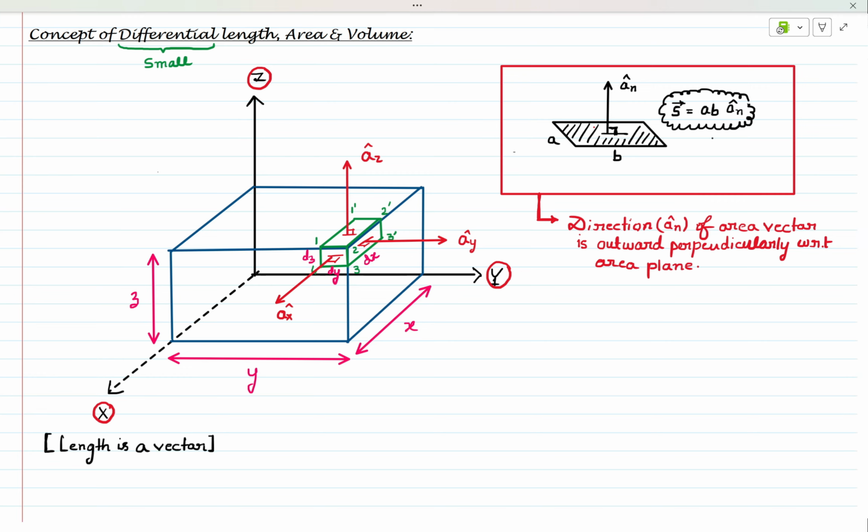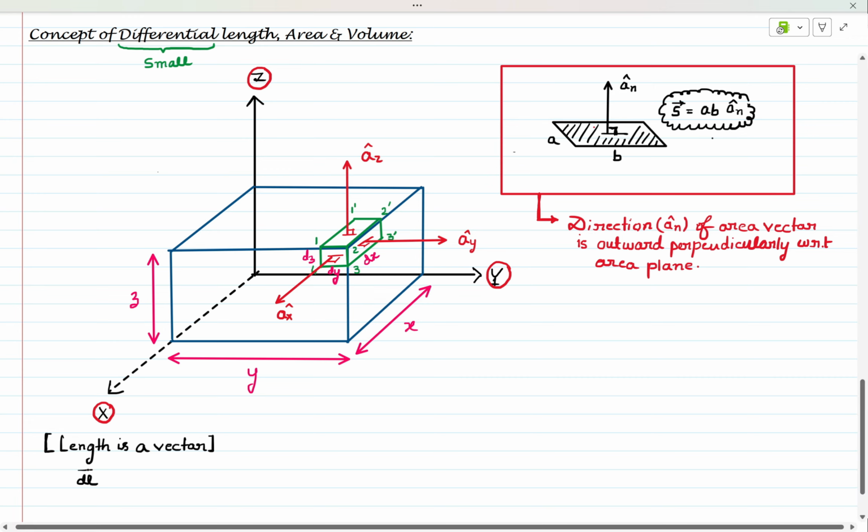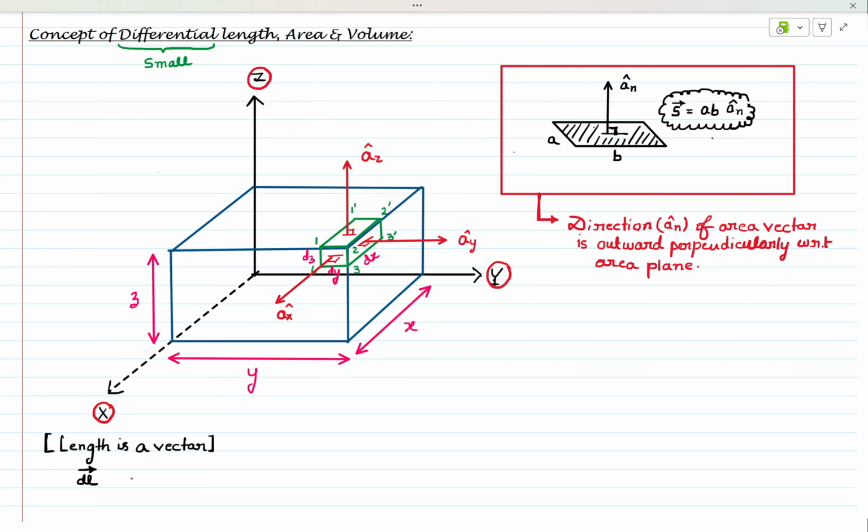If length is a vector, then the differential length, which can be denoted as a small dl, is also a vector. And as it is a vector, a bar has been given over the dl.